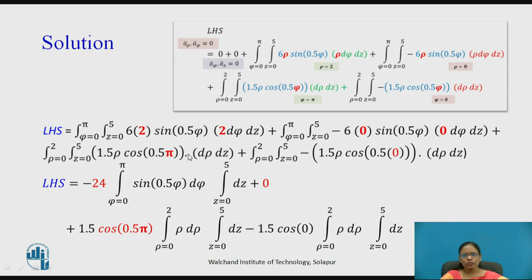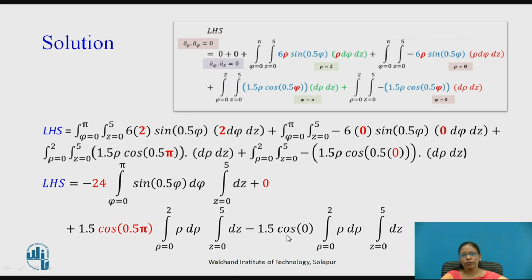Third term, as you can see here, in the third term, I have taken the constants 1.5 cos 0.5 pi outside, and inside the integral what is left is rho d rho and integration of dz. In the last term also 1.5 cos 0, 0.5 into 0 is 0.